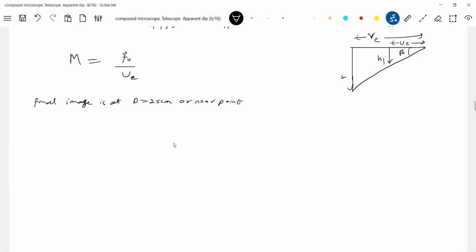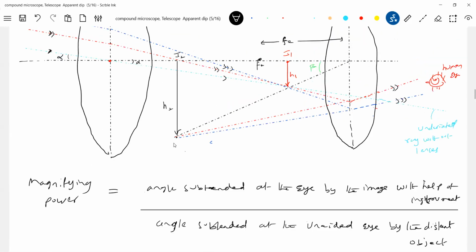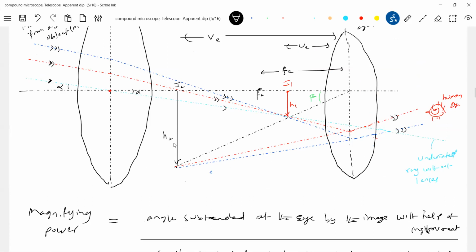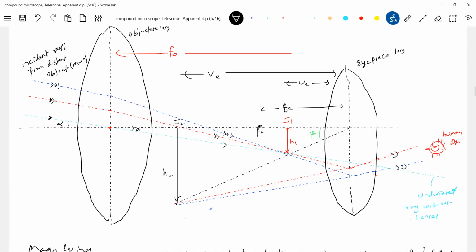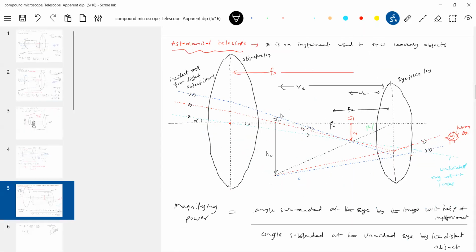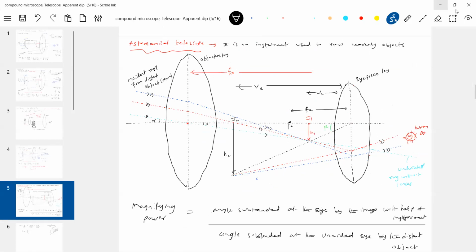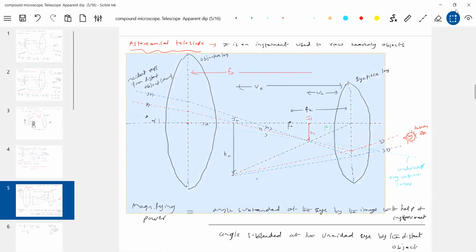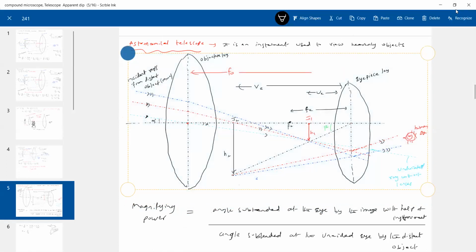So I think the old diagram is just very simple. The same diagram, only this VE will become 25 centimeter. I'll give the diagram in exams, so somehow if you can remember one diagram, that is enough. No need to remember three diagrams here. Only the values will change a little bit.